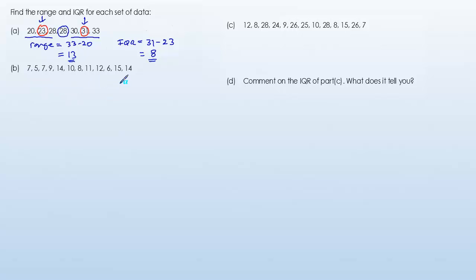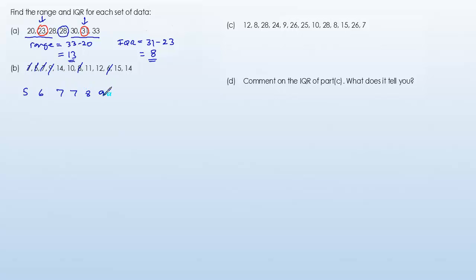Now for the next data set, it's not in order, so we need to put it in order first. It looks to me like the smallest piece of data is a 5. We then have a 6. I can see 2 7s. Can't see any more. There's an 8.